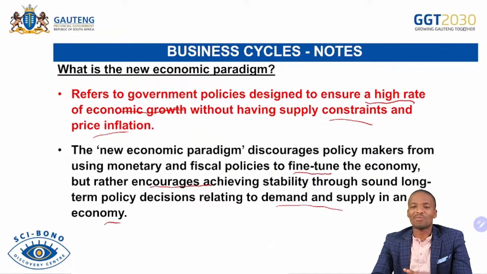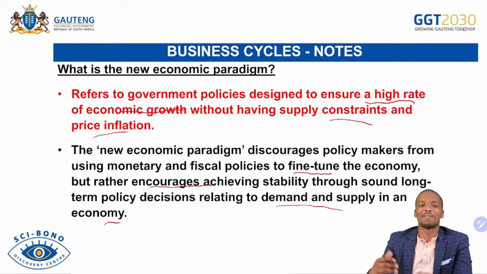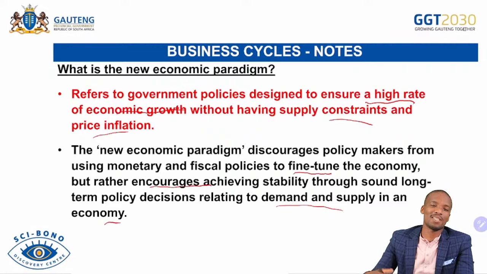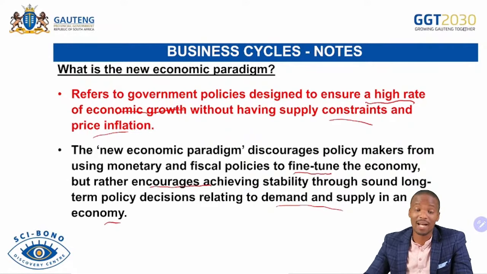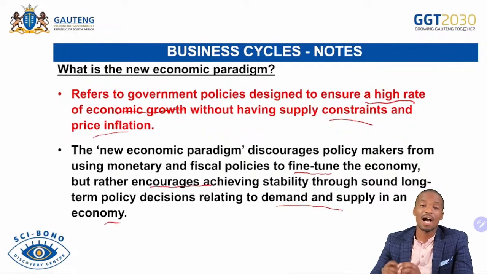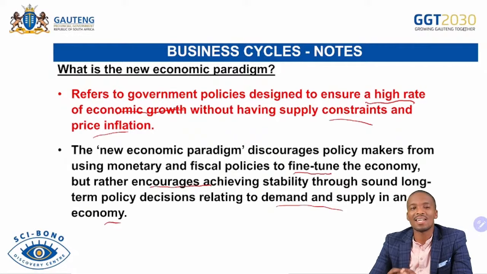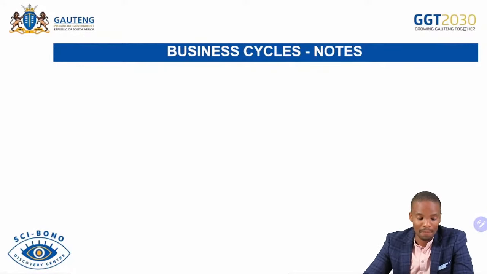So rather than every time the economy is at the peak applying the monetary and fiscal policy, and when the economy is at the trough again applying the monetary and fiscal policy, policymakers discourage the use of those things, but encourage us to adopt long-term sound policies relating to demand and supply. That is our definition of the new economic paradigm.